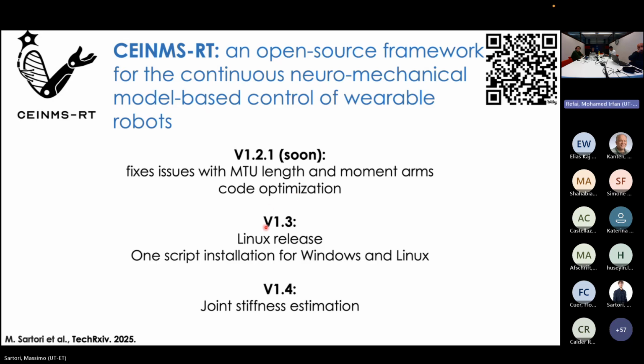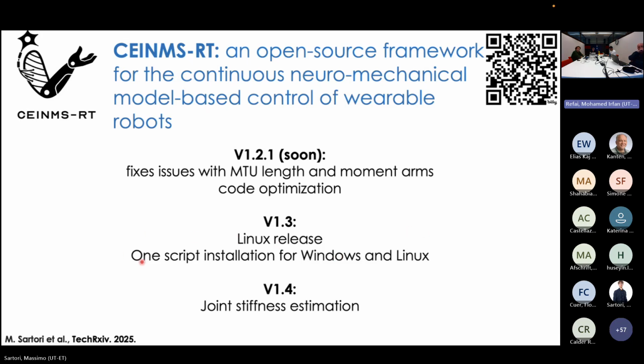Then we are expecting release 1.3 in the beginning of 2026, which will include a Linux release of CEINMS. So we will have Linux installations of CEINMS. At that level, we will be able to support both Windows and Linux.